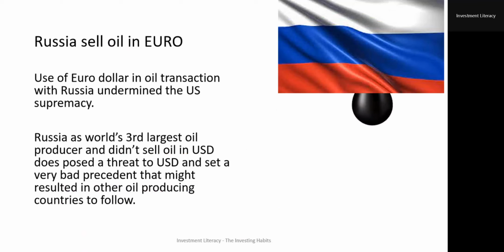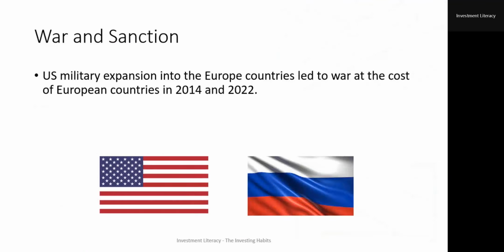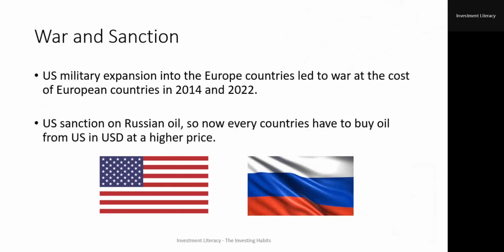And for sure, the US will not allow that to happen, and because of that, they embarked on military expansions into European countries and led to war at the cost of European countries in 2014 and 2022.